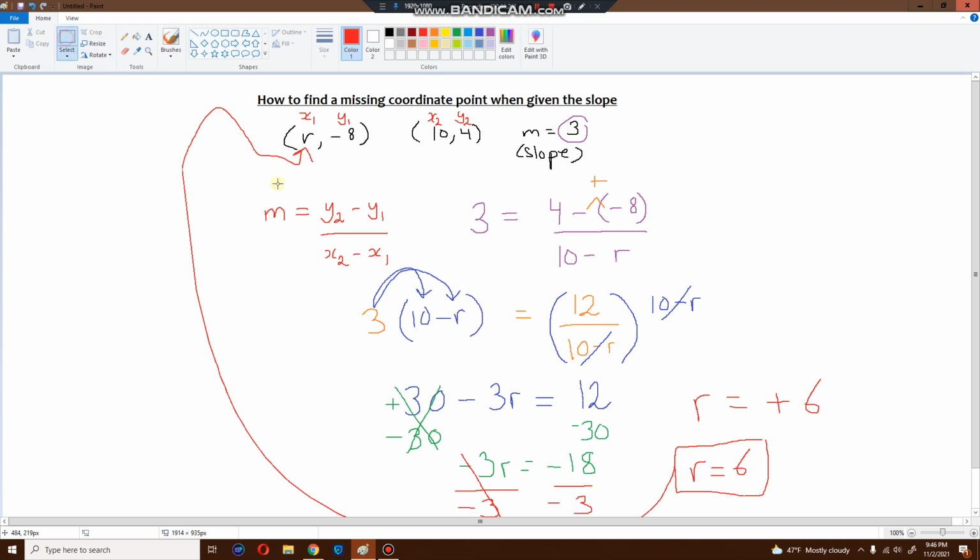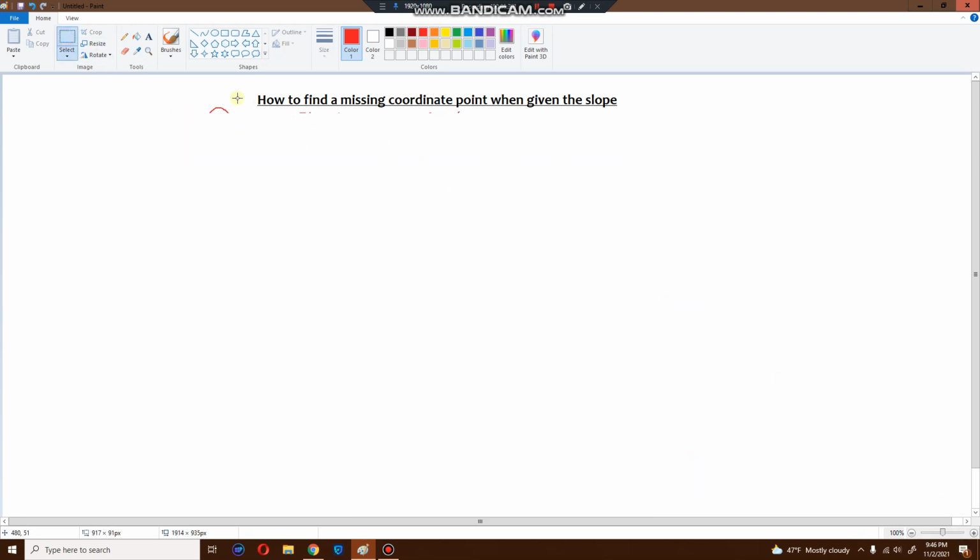Let's try another example. I'll show you another example using the same techniques here. Okay, let's try this one. How about (-4, -10), okay? And I've got (-2, r).